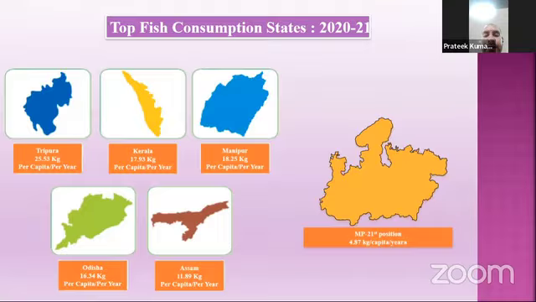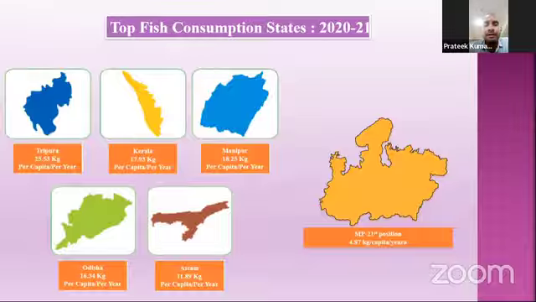Total fish consumption states like Tripura, Kerala, Manipur, Odisha, and Assam. These are some states where fish consumption was large in 2020-21, and not only in 2020-21 but also over the long term.